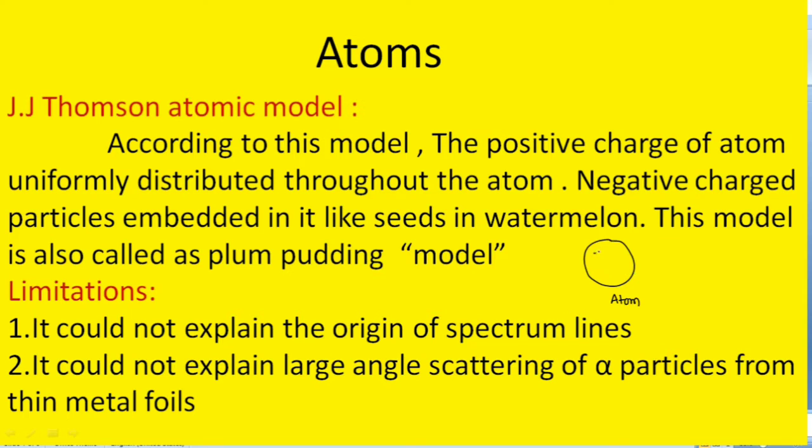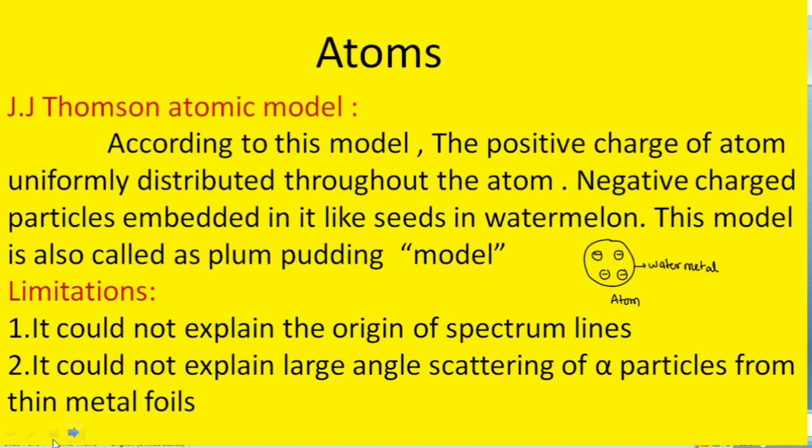The positive charge is uniformly distributed in the entire atom, and the negative charged particles are embedded like seeds in the watermelon. You see the red color material in the watermelon, which is edible. That red material is like the positive charge, and the black color seeds in the watermelon are compared with the negative electrons.